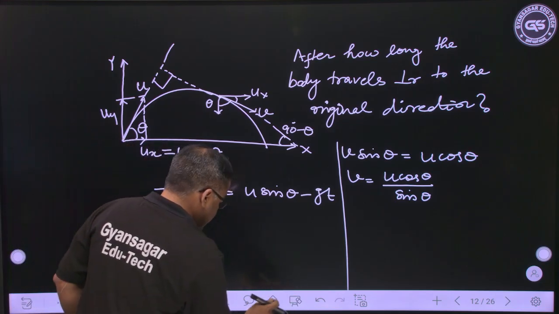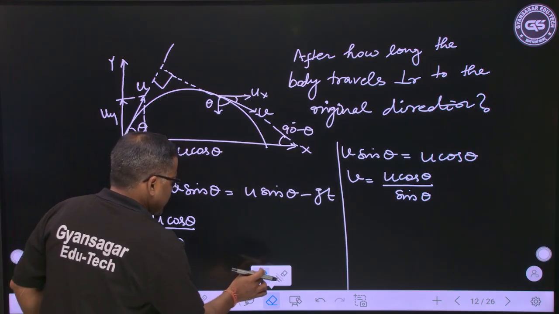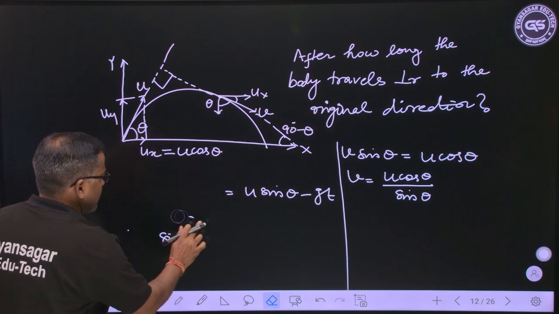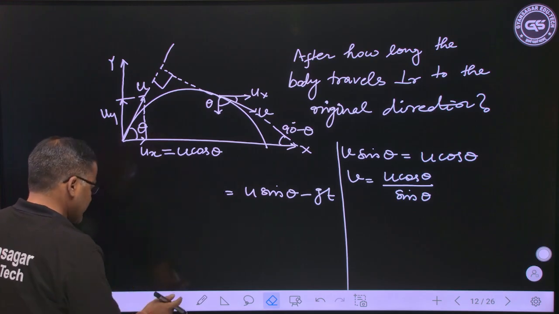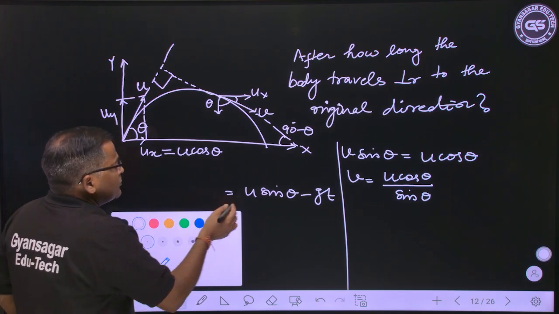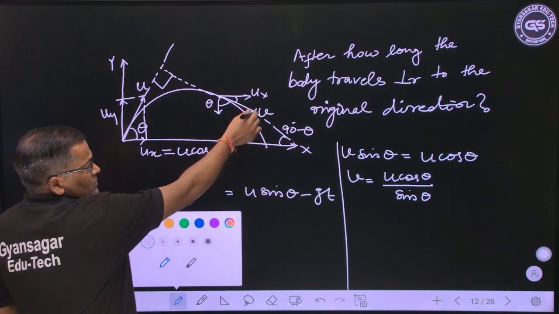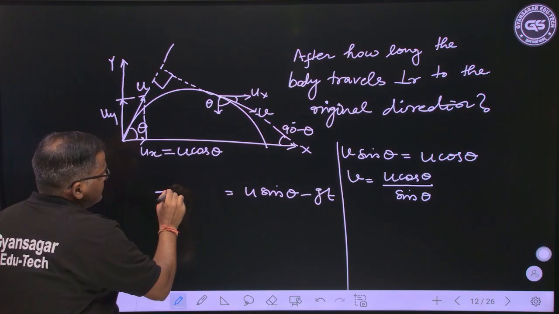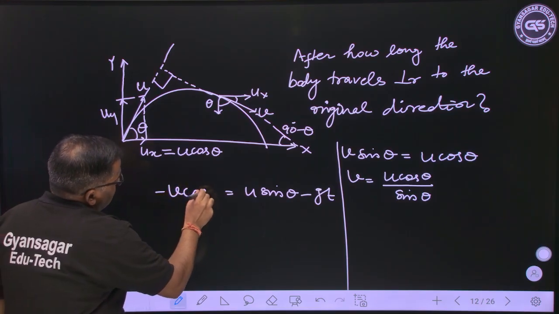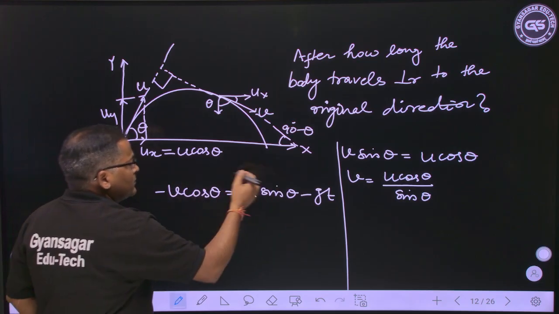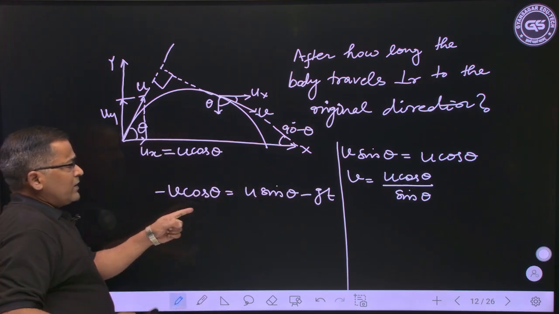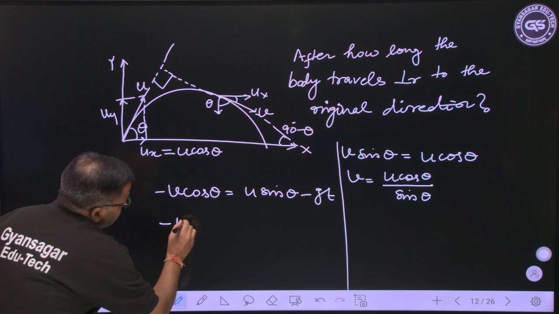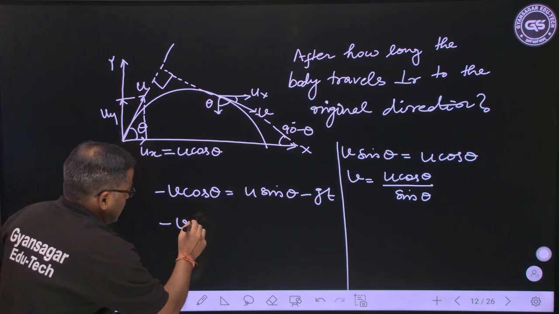Here the vertical component is v cos theta, minus v cos theta equal to this thing. So in place of v we can put this value of v now here.